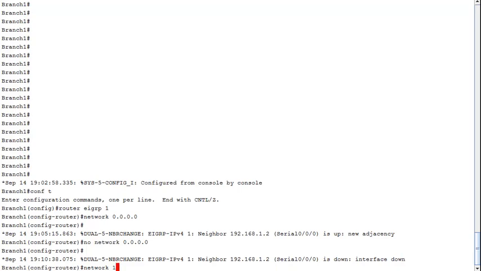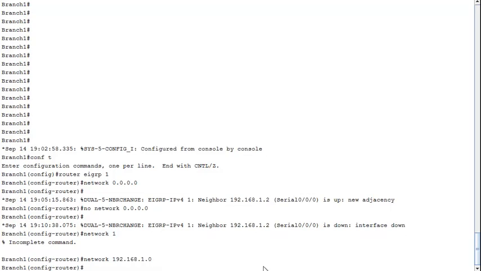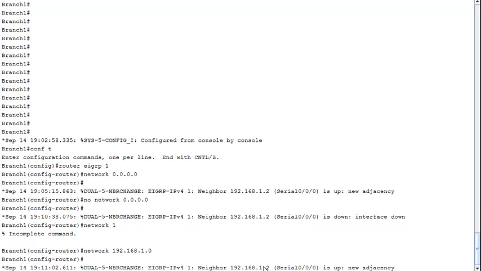Totally makes sense because right now our directly connected interface isn't participating in EIGRP. So our adjacency went down, whoops. Let's put that one in so at least we get our adjacency back up. So we do network 192.168.1.0. It's classful, we don't need a wildcard. Now our adjacency came back up.